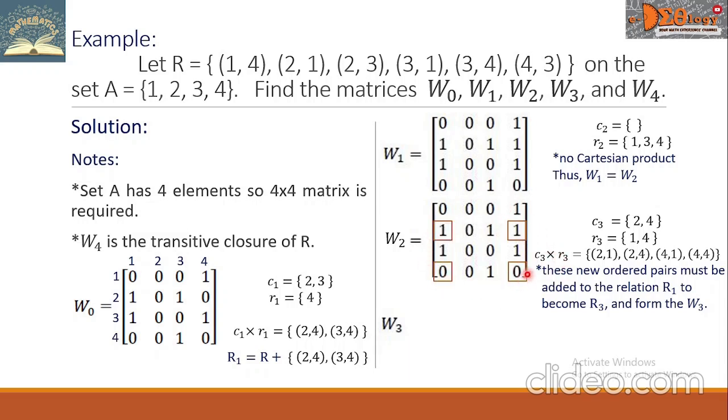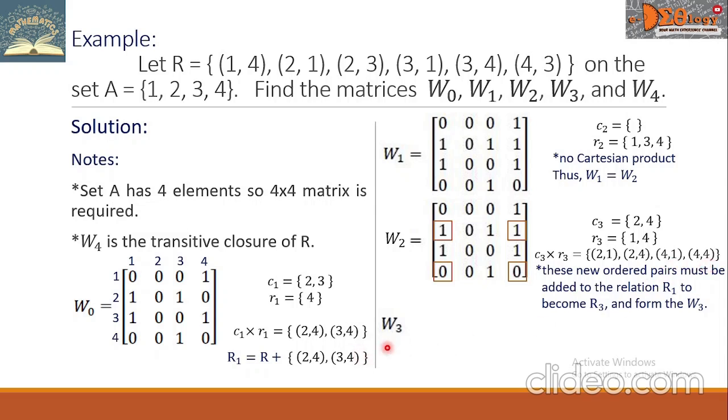These are now the corresponding seats of the ordered pairs. The 1 and 1 correspond to 2, 1 and 2, 4. The number 1 here means the 2, 1 and 2, 4 are already existing in R sub 1. Now for the 0 and 0, it corresponds to 4, 1 and 4, 4.